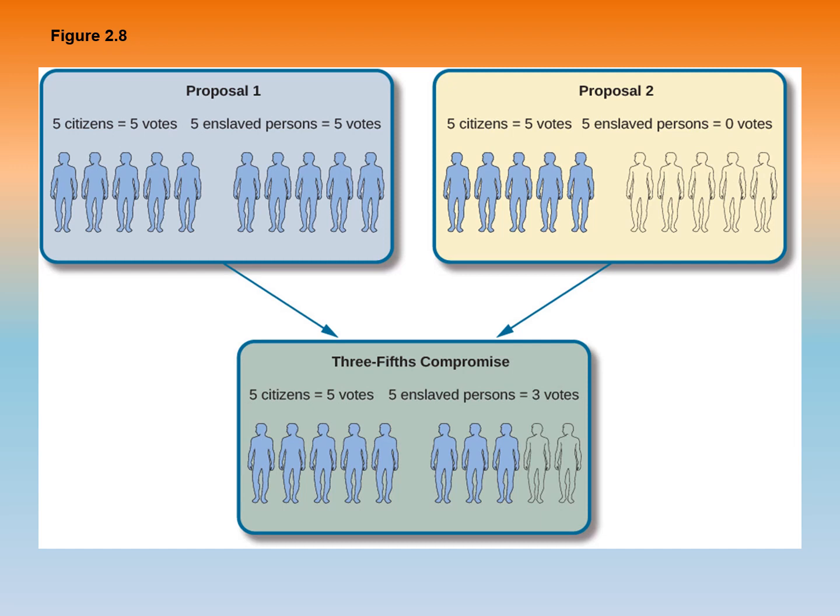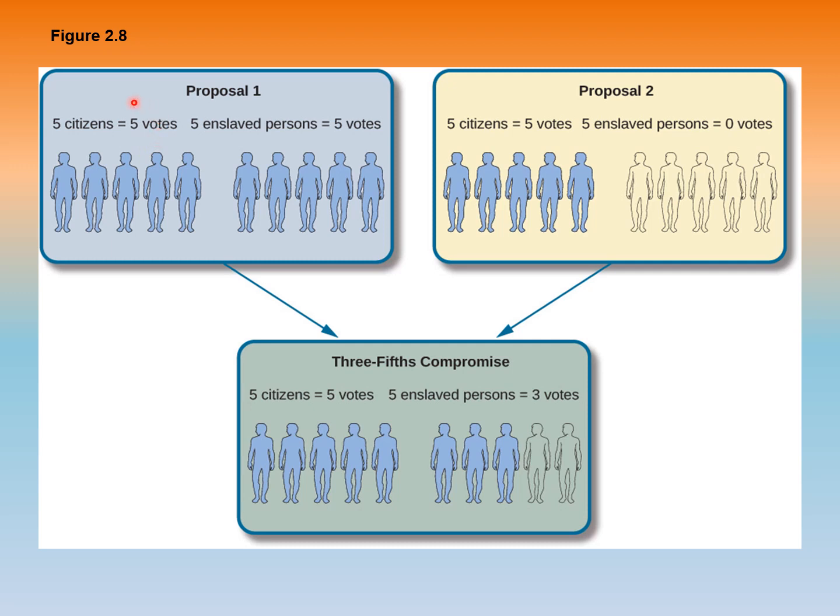So then we come to what is known as the 3/5 Compromise. The 3/5 Compromise was a way to count enslaved persons as part of the population. As you can see, there were two proposals. So I'm going to get my pointer. So you'll see here, it was a 1-to-1.